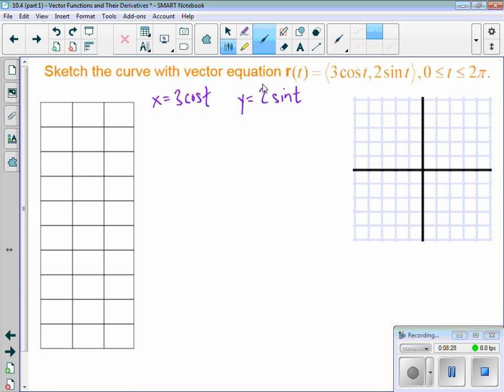So what we were doing in the last lesson is what over here? Yeah, you pick your t values, and then you find your x and y coordinates that go with those t values. So let me just give you the t values I have on my paper here. I've got 0. I'm going by pi over 4, as it looks like.